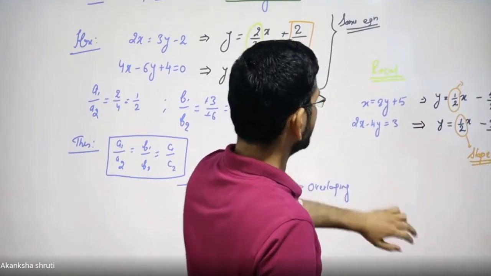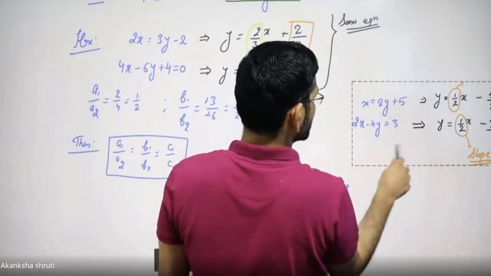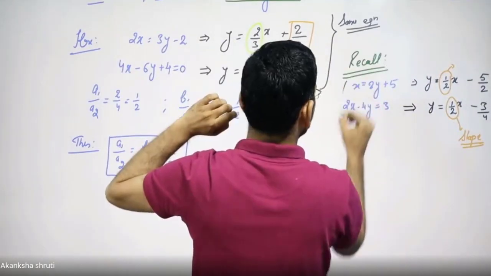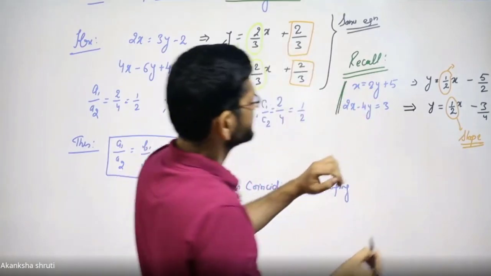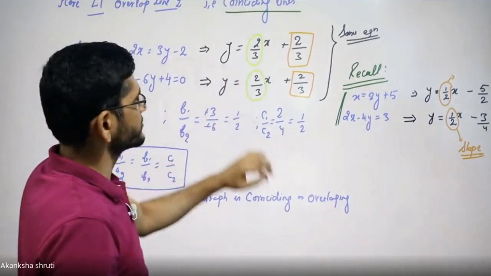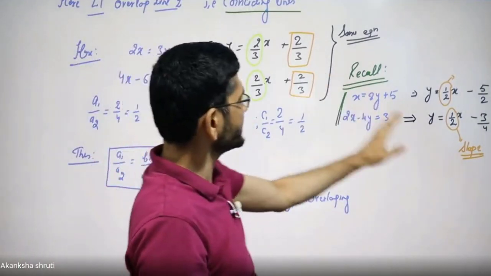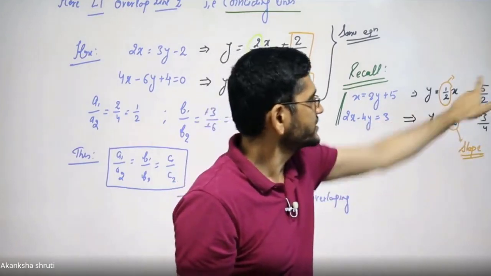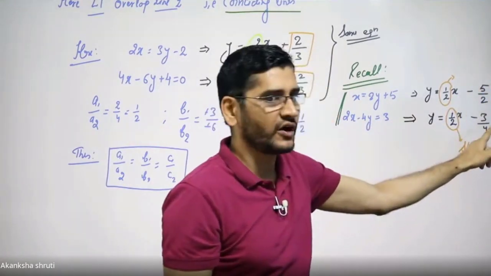Students, just recalling the previous question, the question was like this one. It was converted like this. So recalling the earlier question, which I have written side by side and comparing with this one. Here we observe that in the previous question, the coefficient of x was equal, but the constant term was not equal.